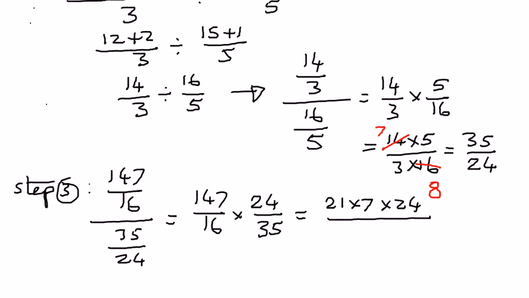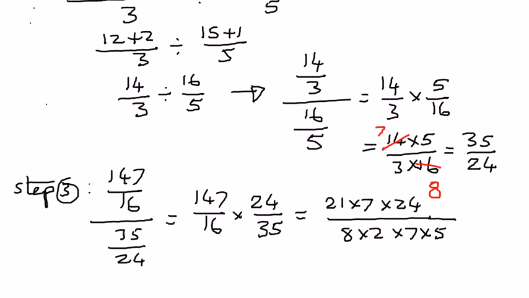We'll multiply all the numerators. We can write 16 as 8 times 2 is 16, and then we can write 35 as 7 times 5 is 35. So we broke it down into some more smaller segments. That way, if we can see some similarity, we can cancel them out.